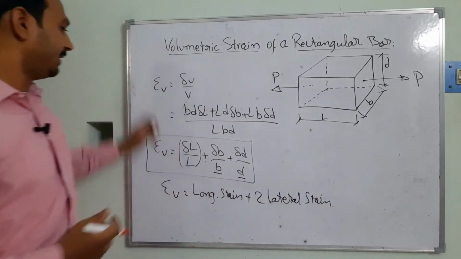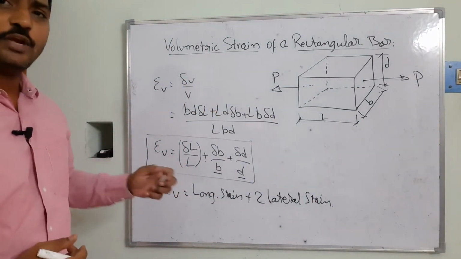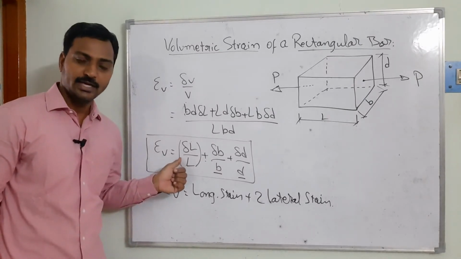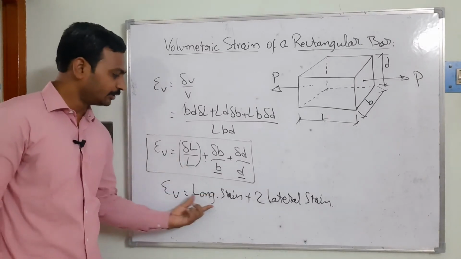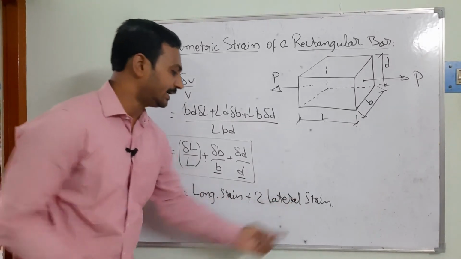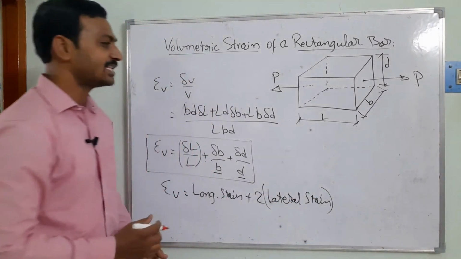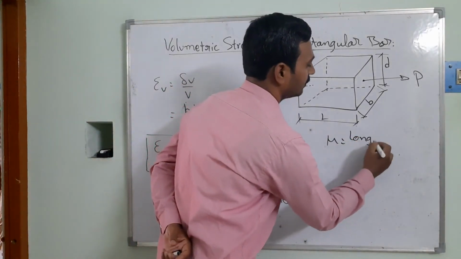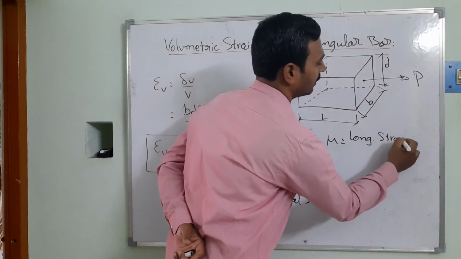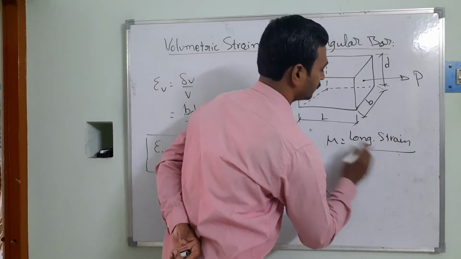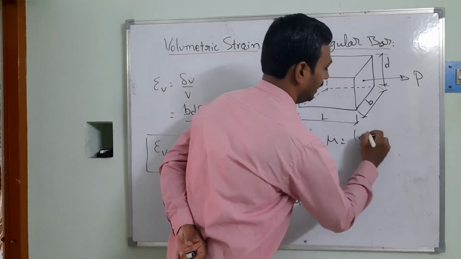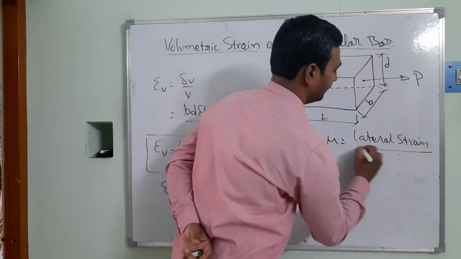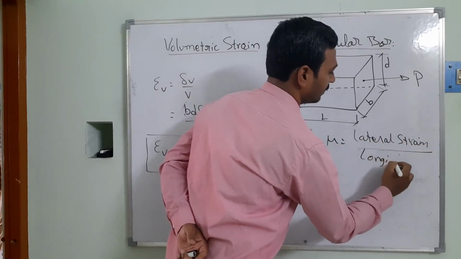So here we can see I want to define this volumetric strain in terms of only del L. So is it really possible? We can see here we have taken the longitudinal plus 2 into lateral strain directions. As we know, the Poisson's ratio is equal to the lateral strain divided by longitudinal strain.